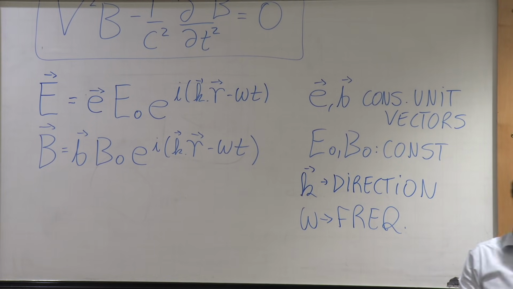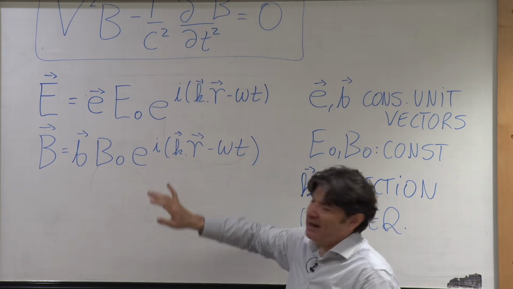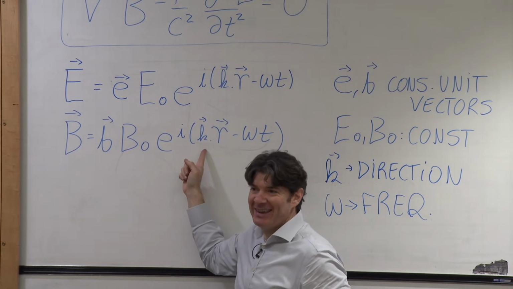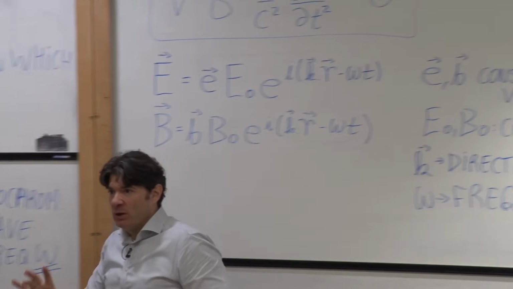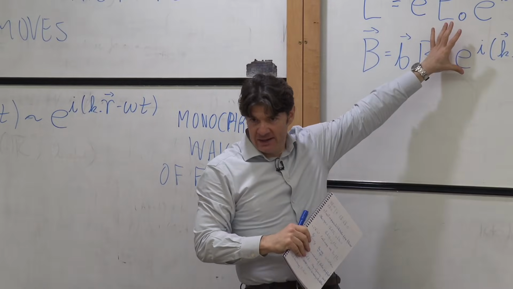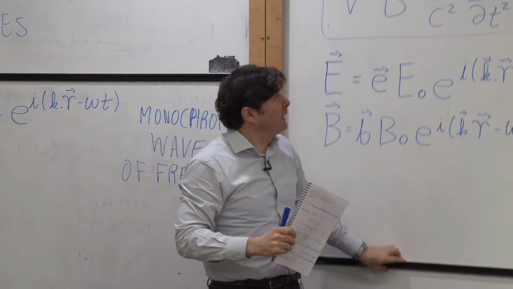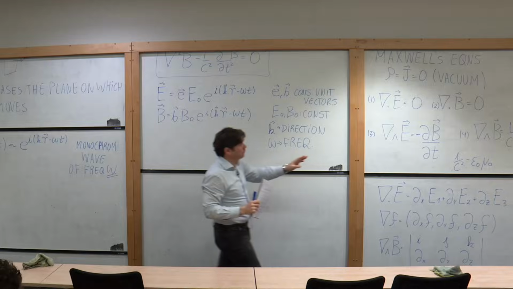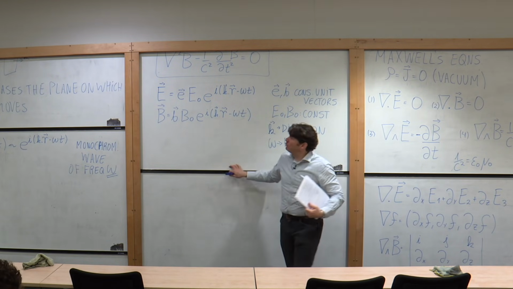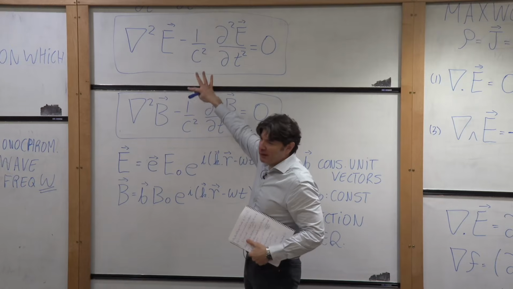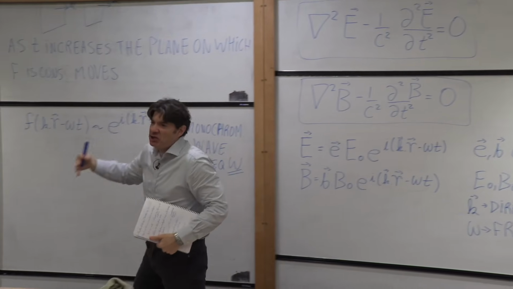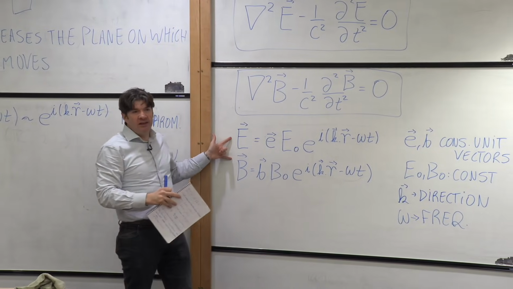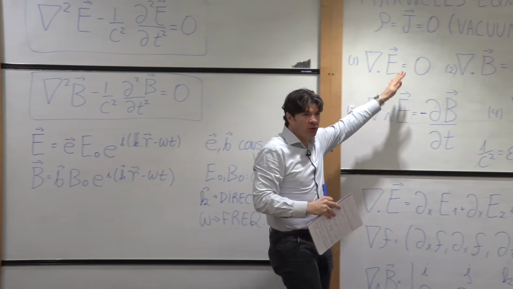And actually, this e to the i k x, etc., will always factor out, and you will get conditions for this e, b, k, etc. So all we do now is take these two ansatz, based on the two equations that we got before, and plug them into the Maxwell equations. Notice that these two are necessary for the Maxwell equations, but not necessarily sufficient because they are only two equations. But just to be sure, we plug them into all four Maxwell equations.